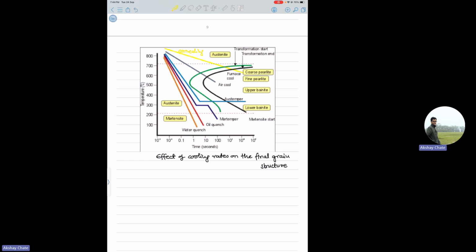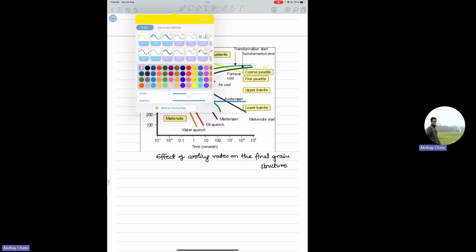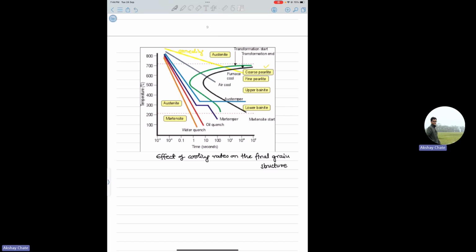And see these two C curves, they are the start of the formation from gamma or austenite to perlite. So you'll get coarse perlite at the end of annealing. And when you do normalizing, this is your normalizing, this part.